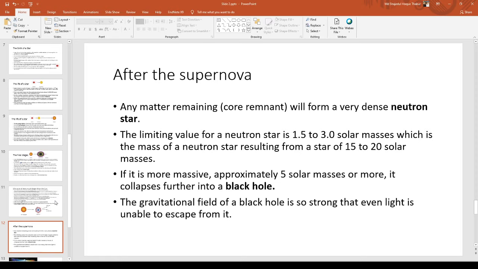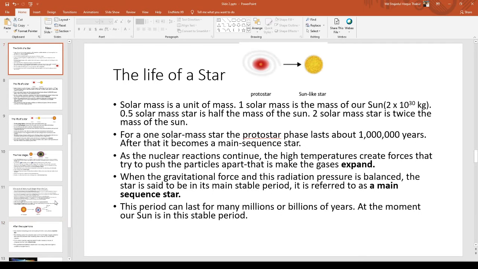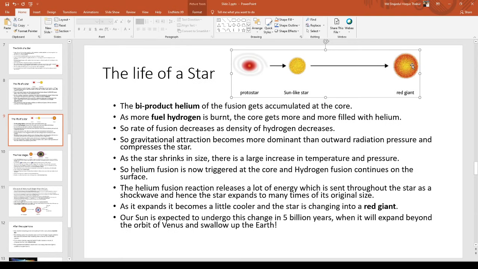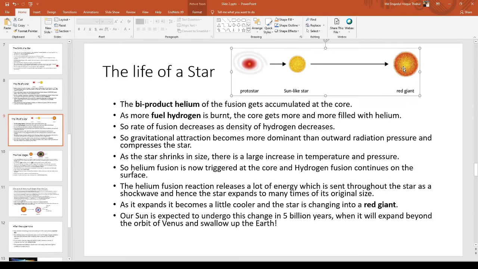For example, take a red giant, not a red supergiant, the average star's second phase. I told you that at the core of the red giant, helium fusion is taking place.